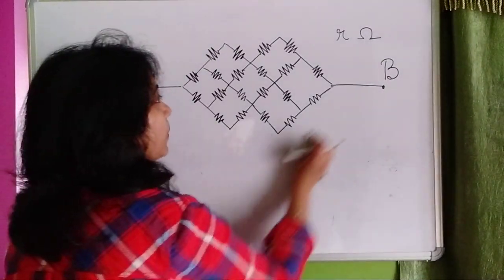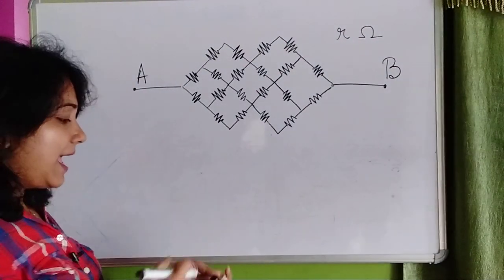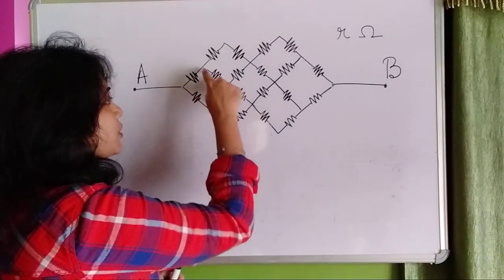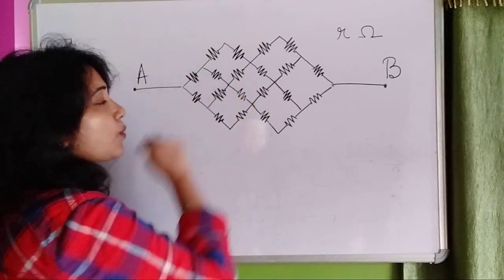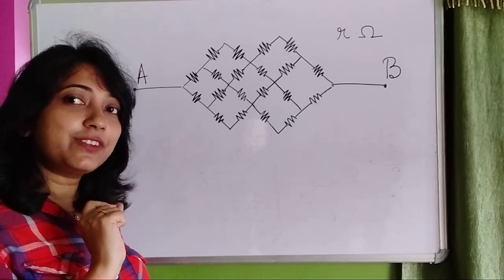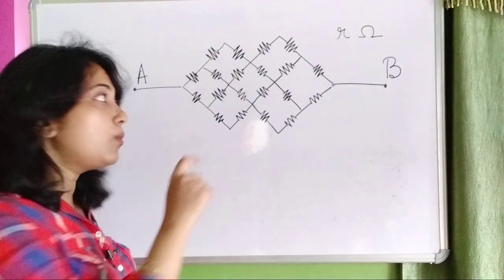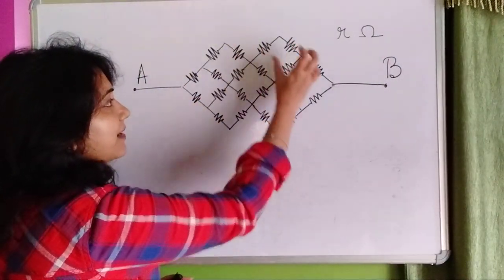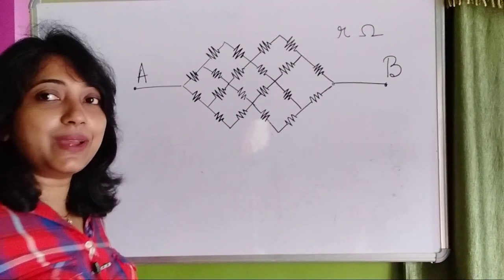Look into this circuit once again carefully. I hope all of you will agree with me that this small little square over here is just the replica of the Wheatstone bridge over there. We had P, Q, R and S. So this is a small Wheatstone bridge and it consists of so many others as well.